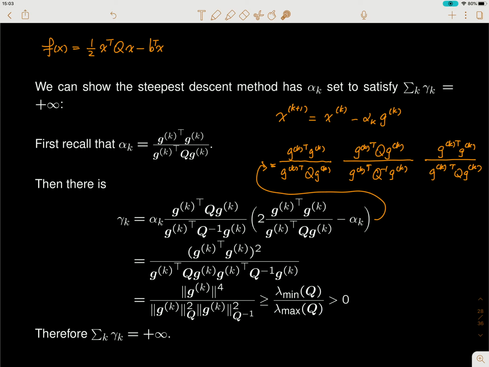So if each gamma k is greater than some constant like this, then if you take the sum of gamma k, it will be infinity, because every one of them is at least this large. So this shows that the sum of gamma k goes to infinity if we choose to use the stabilization method, where alpha k is defined in this way.